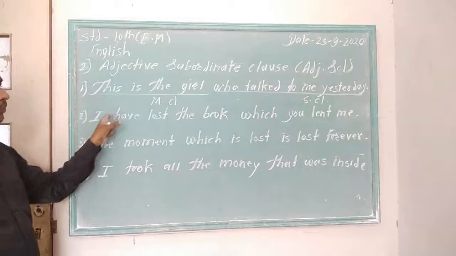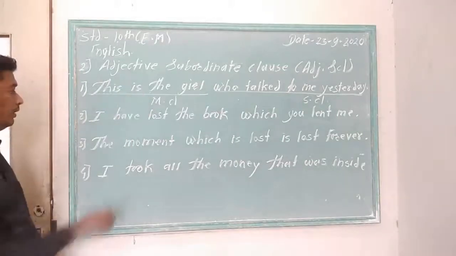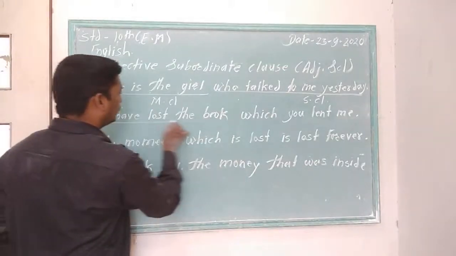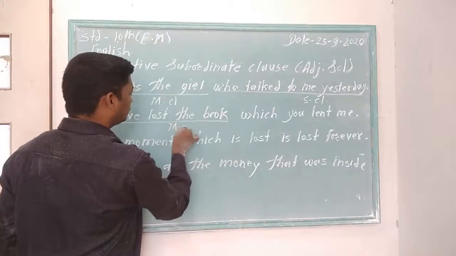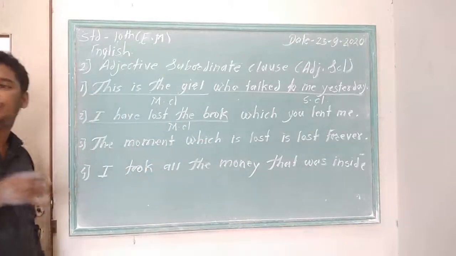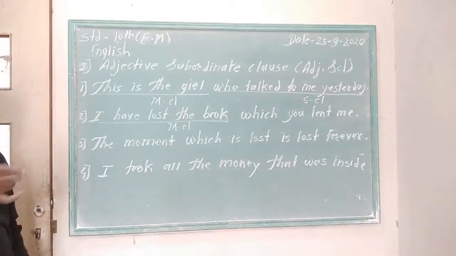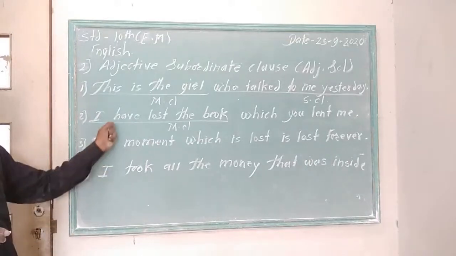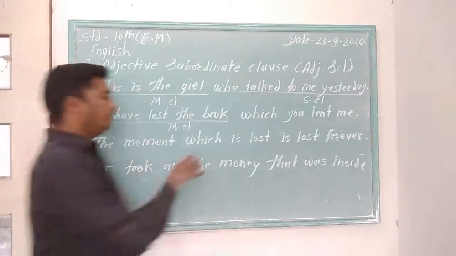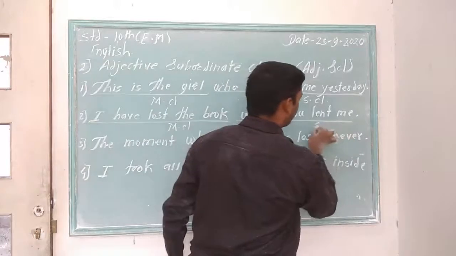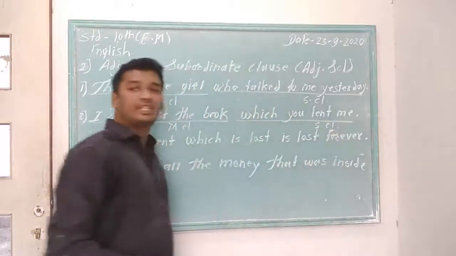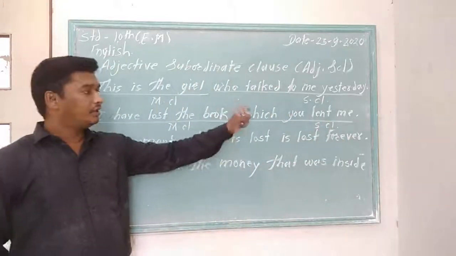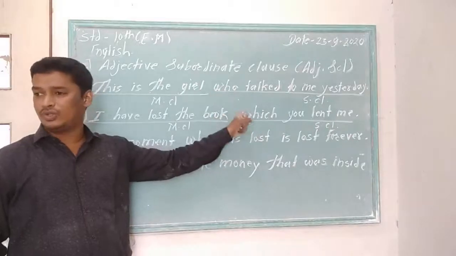So it is subordinate clause. I have lost the book which you lent me. "I have lost the book" is main clause as it expresses complete meaning. "Which you lent me" is subordinate clause as it cannot express the complete meaning and started with subordinate which.